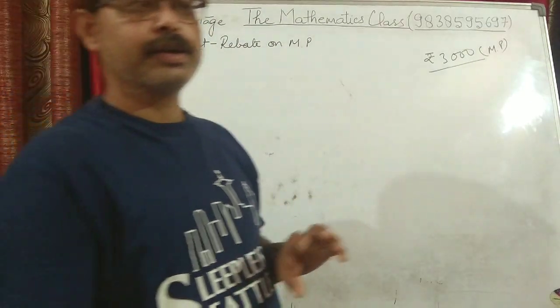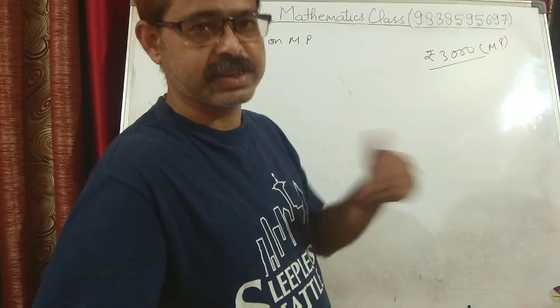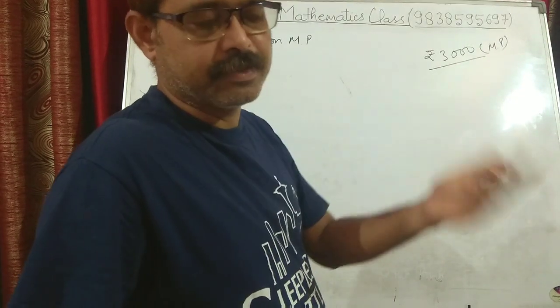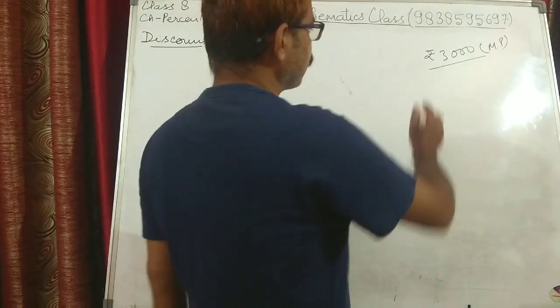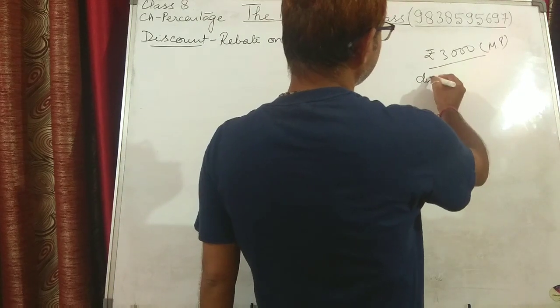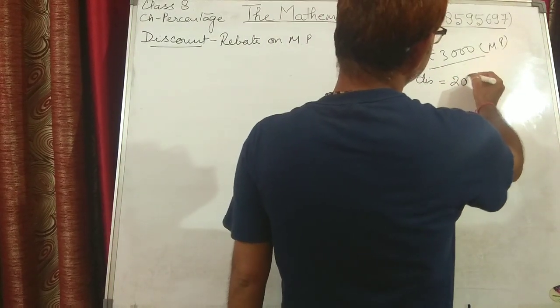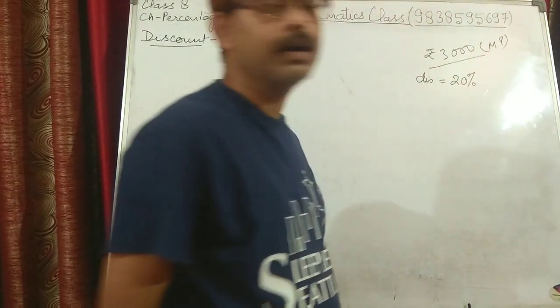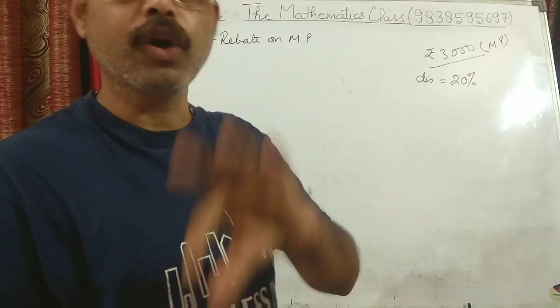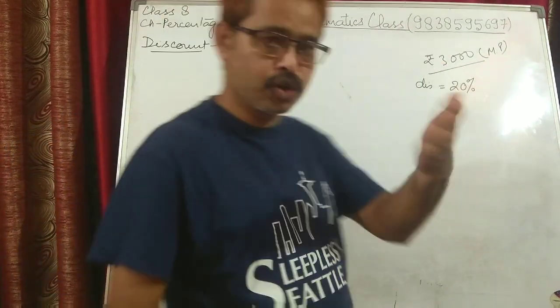MP stands for mark price. Because of a festive season sale, they are offering a discount of 20% on the mark price, or list price, on the tag.